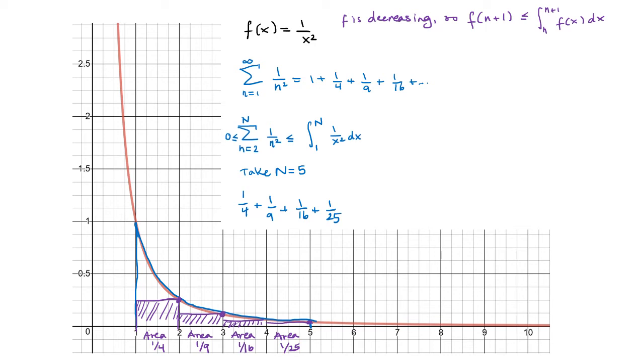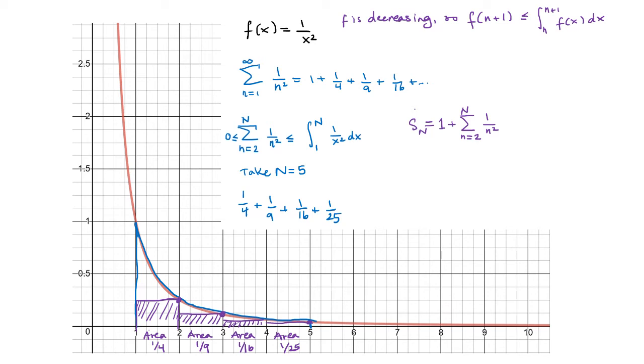Okay, so then the idea is that our partial sum S capital N is equal to 1 plus the sum from n equals 2 to capital N of 1 over n squared.